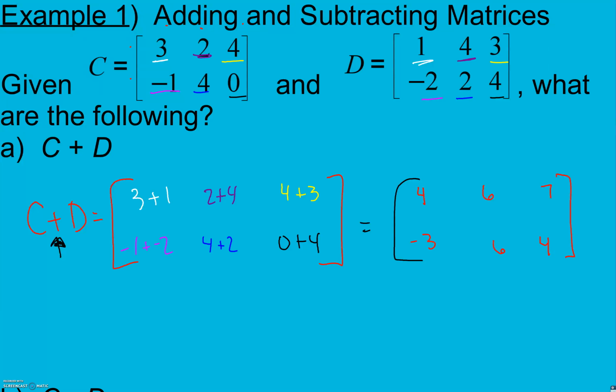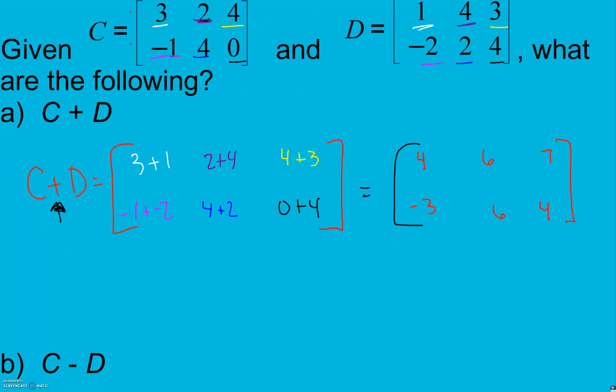Same idea when we subtract. For part B here, I'm taking C minus D. So C minus D, matrix C minus matrix D. I'm going to take 3 minus 1. And again, my signs are going to match.